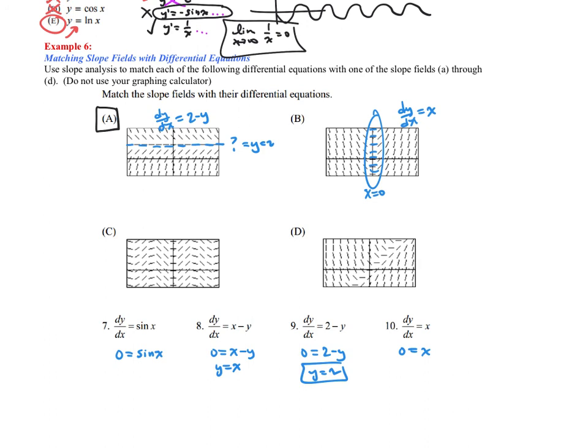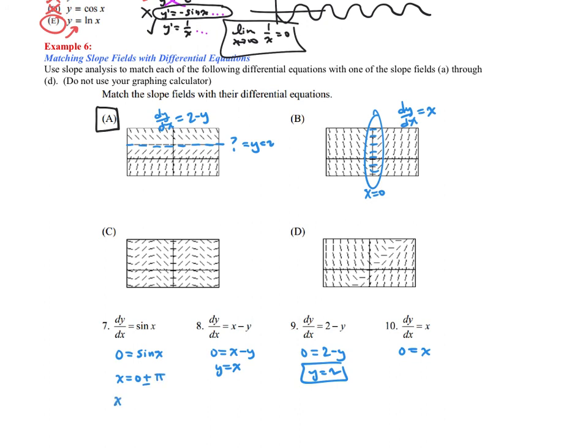I skipped number 7 here when I looked at the null-cline right away because I didn't really feel great about that, at least based on the traditional methods of using the null-cline. But I know that this would be true anywhere that x equals 0 plus or minus pi units.